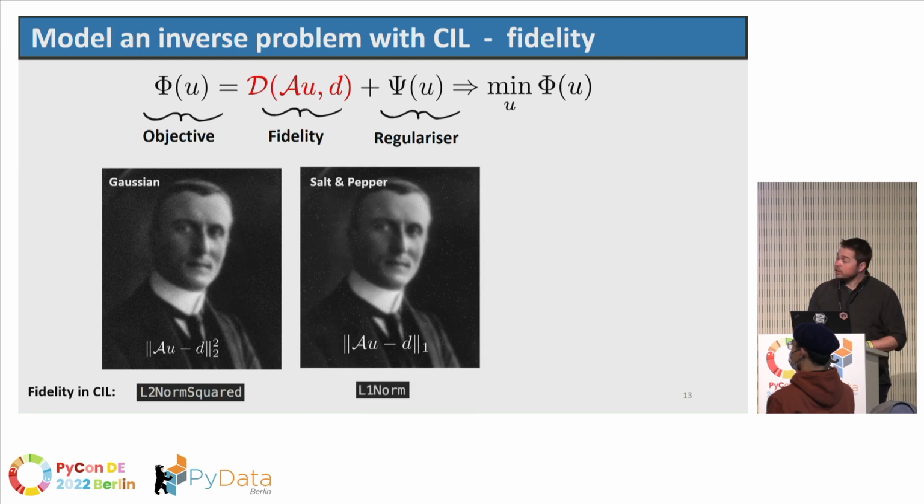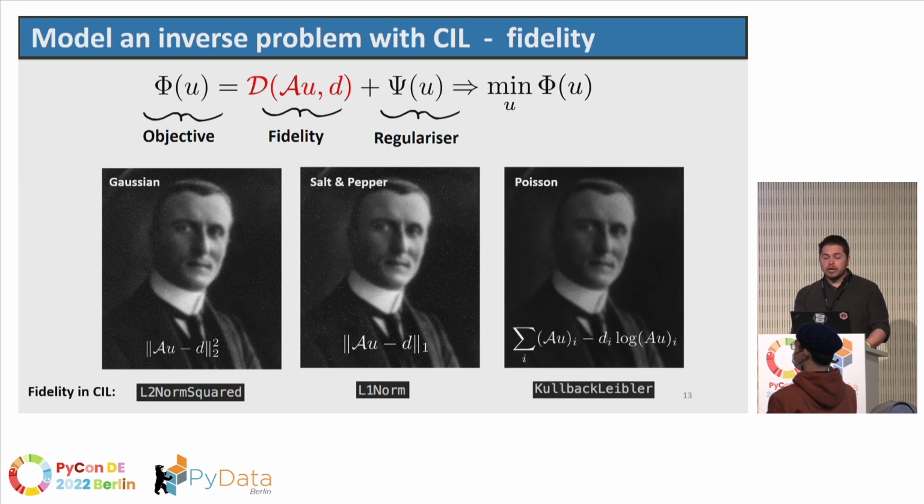You can also have other kinds of noise. If your noise is of the salt and pepper type, so basically black and white pixels that are added to your image, you need to use what's called a one norm instead, so measure things in a different way due to the noise characteristics. You can also have Poisson noise, and in that case, you need to use what's called the KL distance, the Kullback-Leibler divergence. All of these and more are offered by SIL, so you can plug and play, try different fidelities out.